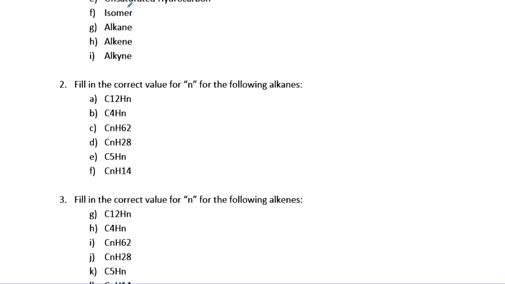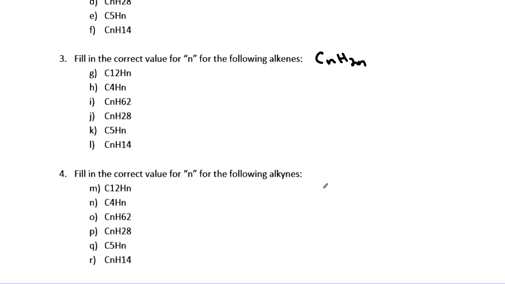For example, alkanes are CnH2n+2, alkenes are CnH2n, and alkynes are CnH2n-2. You can use that to determine what the molecular formula should be.